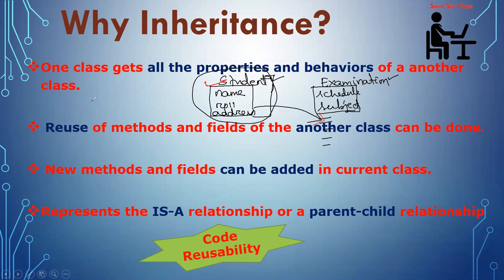Let me give you one more example. Suppose you are defining the accounts section class. Inside the account section class, to calculate the final billing, you need to access the student details and the examination details, because if a student wants to register in any subject for examination or has any backlog, then he or she has to pay the amount in the account section.